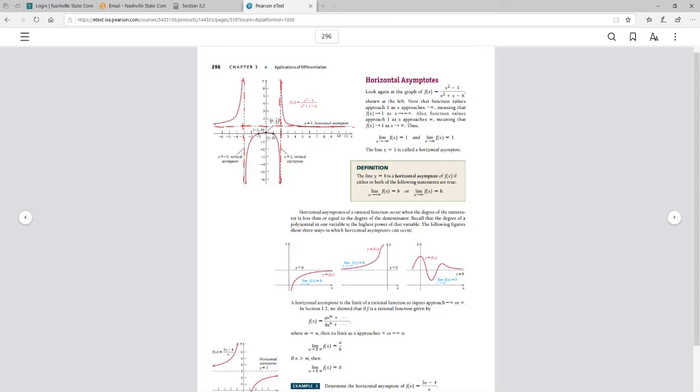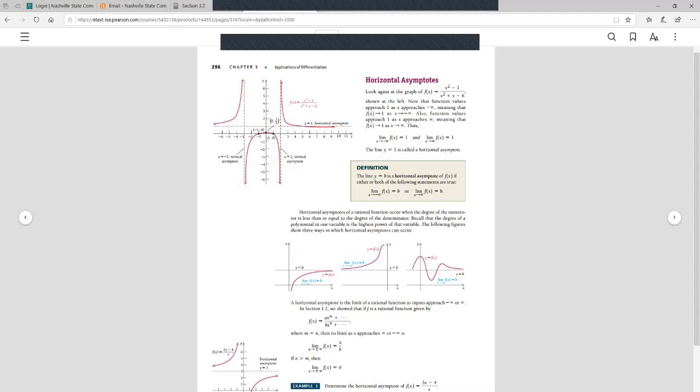So let's look at the definition. The line y equals b is a horizontal asymptote of a function if either or both of the following statements are true. The limit of the function as x approaches -infinity is equal to b, or the limit as x approaches +infinity is equal to b. What does that mean for us in this case?